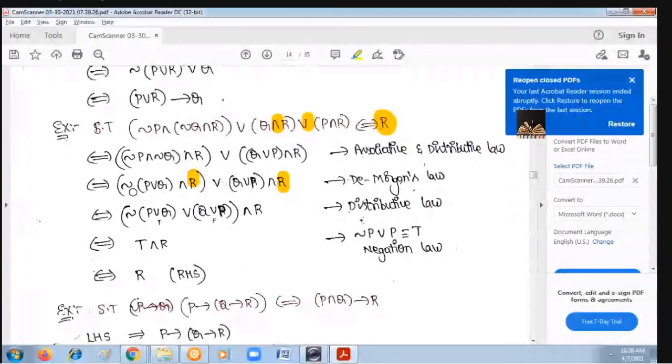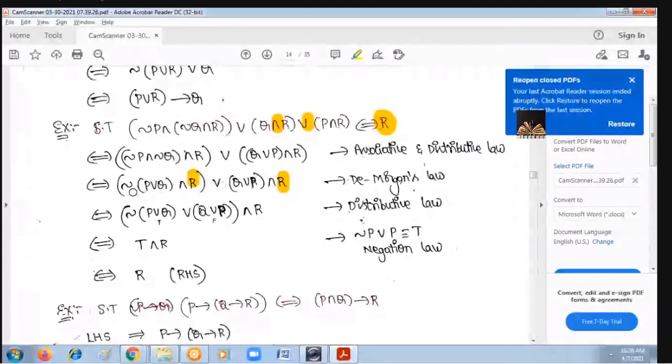True and R is equal to what? As it is an AND symbol, both the values should be true, but here one value is decided that it is true. So the result will be R, which is your RHS. So by taking LHS and deriving it, you are able to get the RHS part.